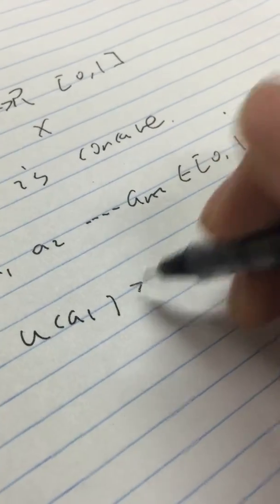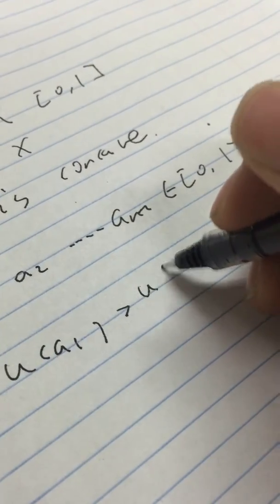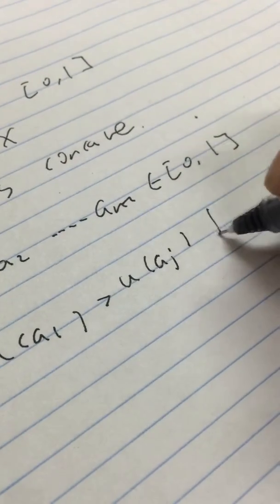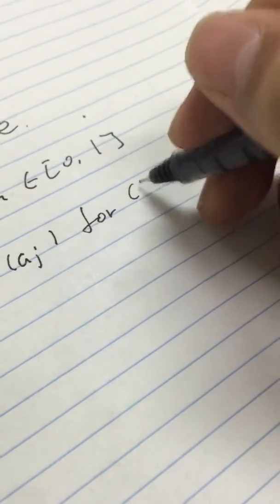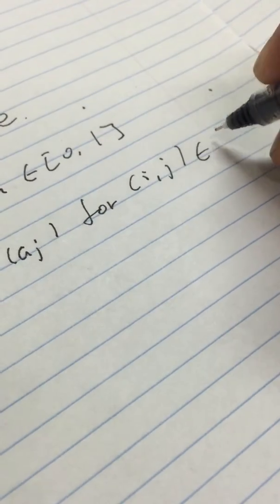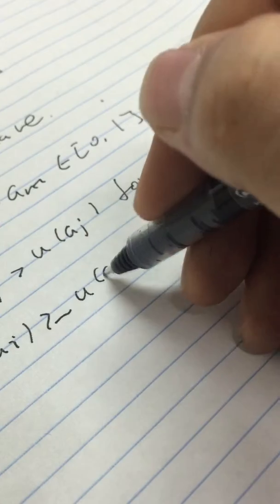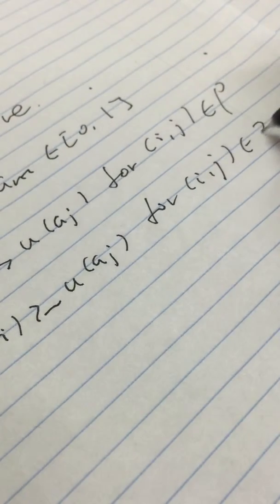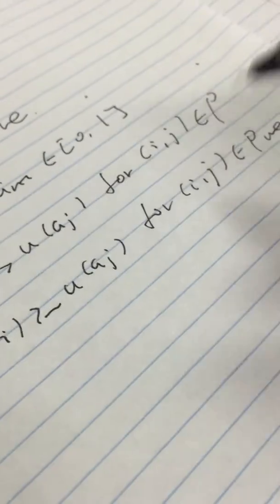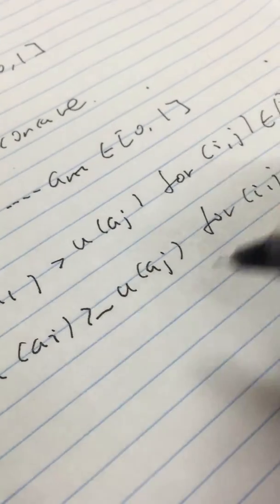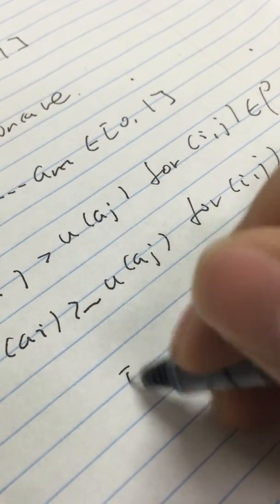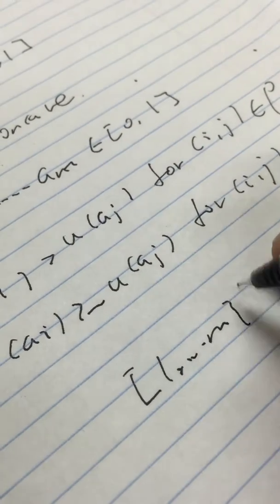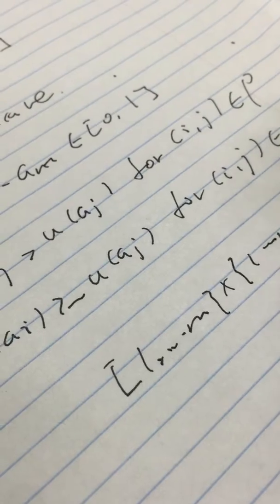U(Ai) is greater than U(Aj) for (i, j) belonging to P, and U(Ai) is greater than or equal to U(Aj) for (i, j) belonging to P weak, where P and P weak are given.